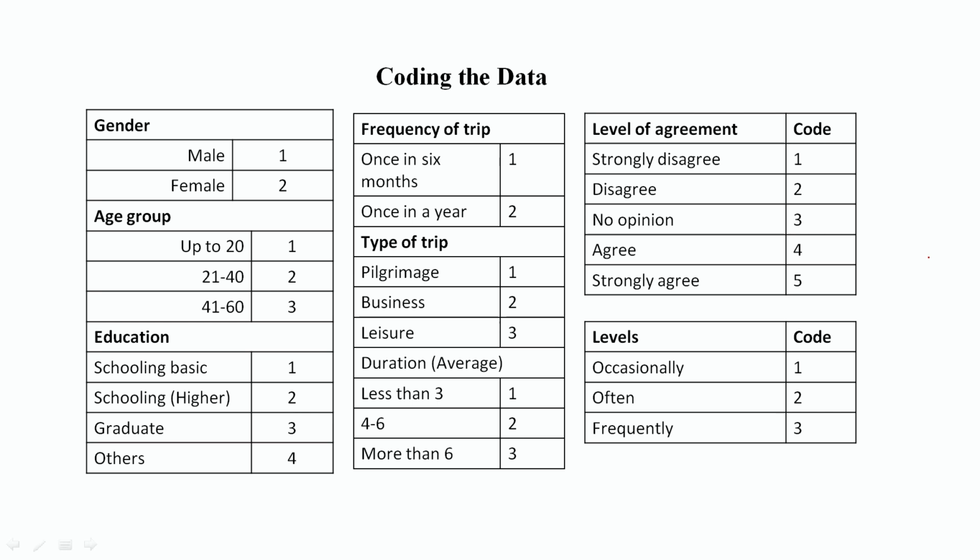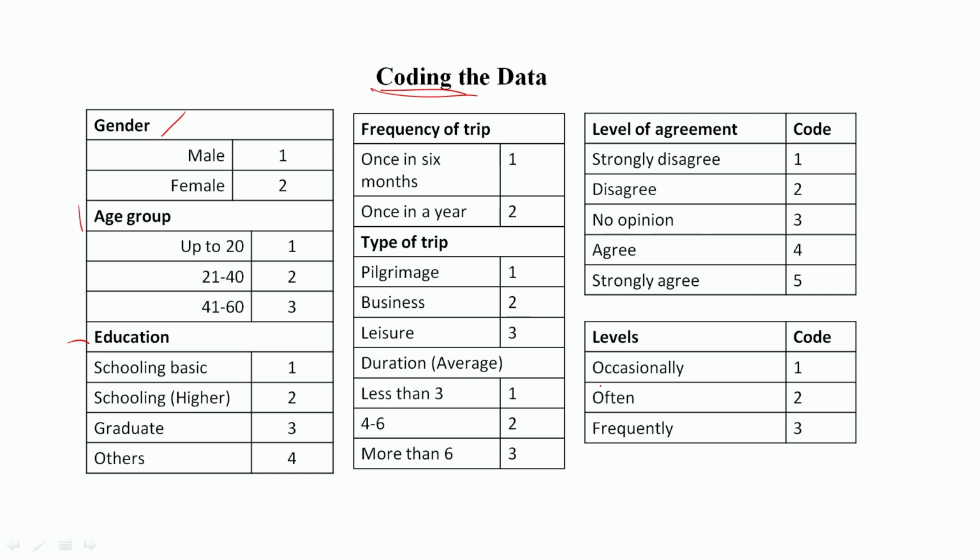The second step involved in preparing your data is coding. In qualitative research, we use the term coding, but in quantitative it is slightly different. Go through this example I have presented. How many variables do we study, and each variable is given specific sub answers. So 1, 2 or 1, 2, 3, 1, 2, 3, 4. Right?